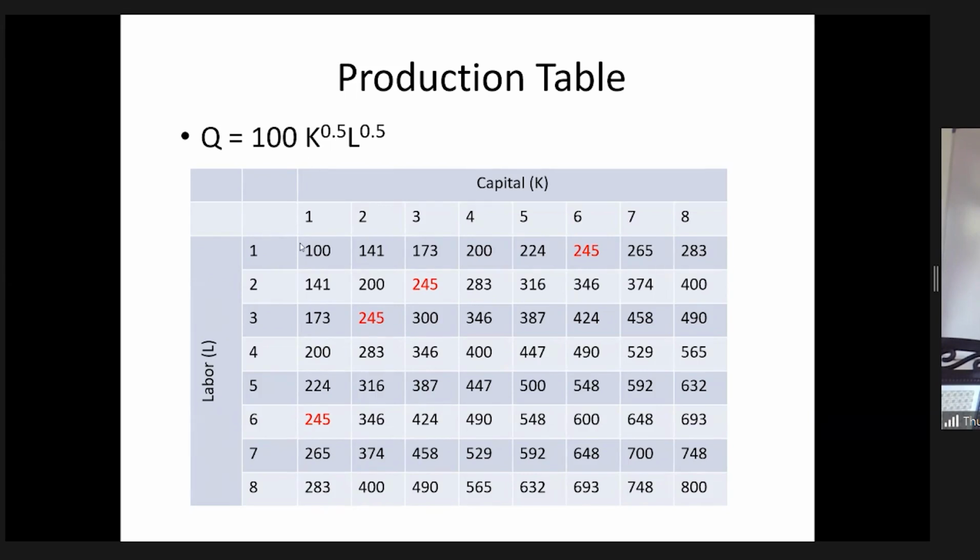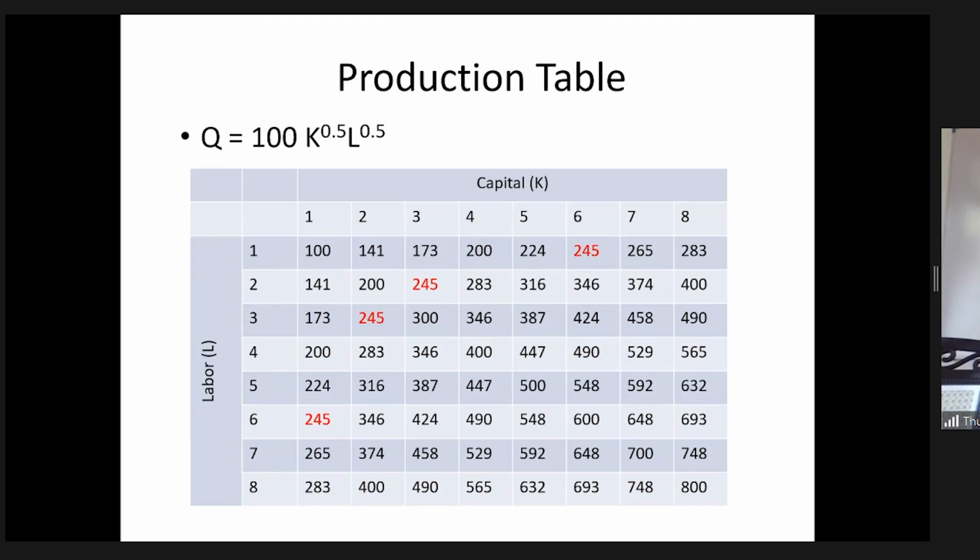efficiency parameter. So I think I explained this with the function. Efficiency parameter means how efficient your production is, your conversion rate. When you mix one capital, one labor, what is the conversion rate? In this case, it is 100.